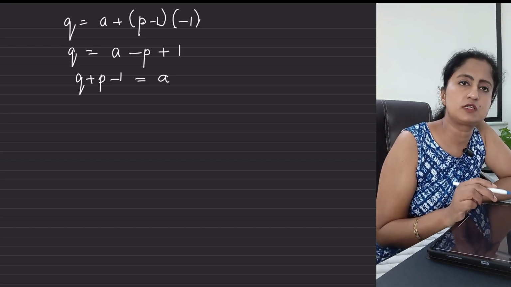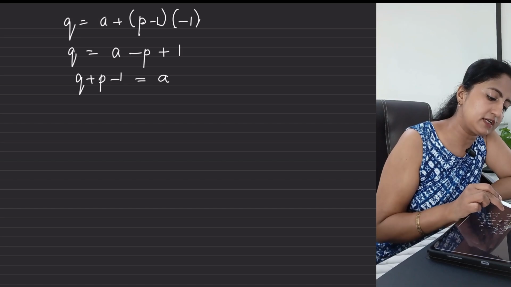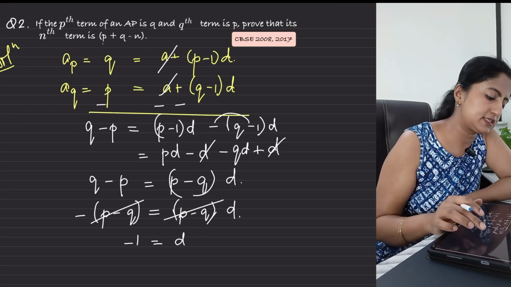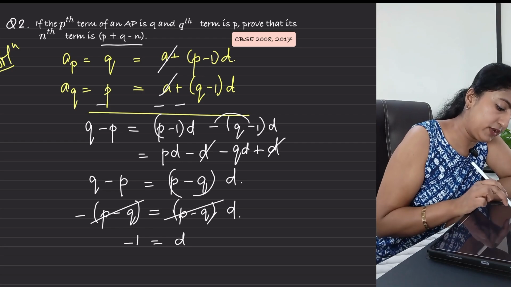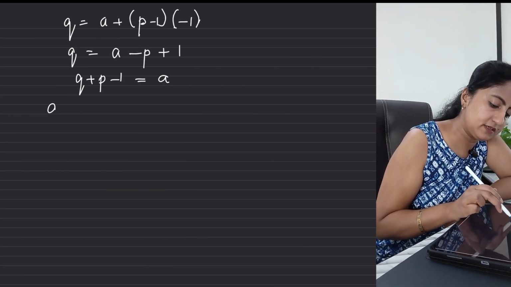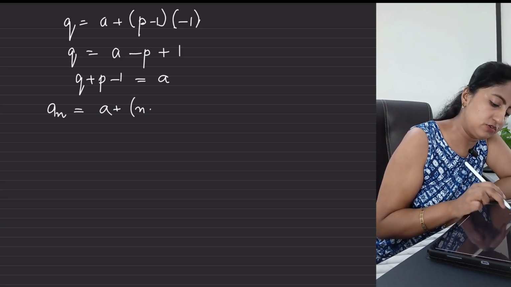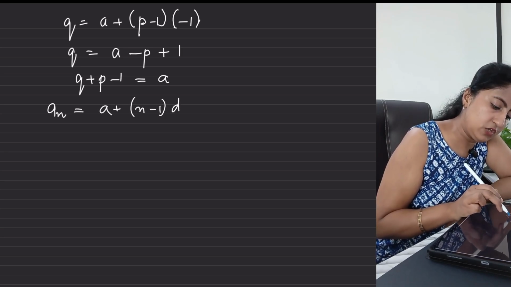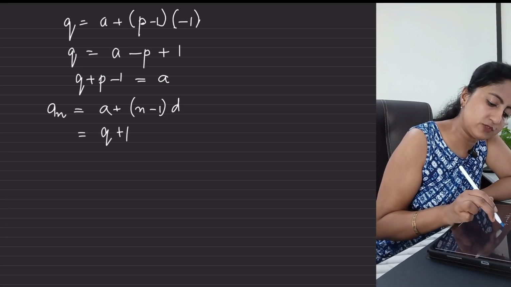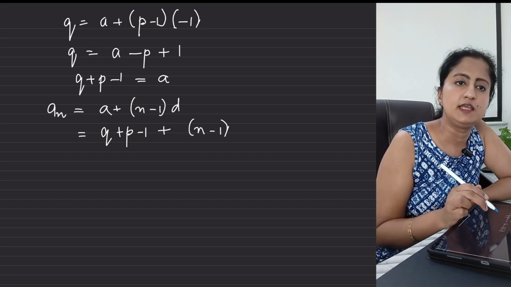Now the question asked to find the value of the nth term such that it comes out to be P plus Q minus N. So let's start doing that. What we have is An equals A plus N minus 1 times D. So A came out to be Q plus P minus 1, plus N minus 1 will remain as it is, and I am substituting the value of D as negative 1.